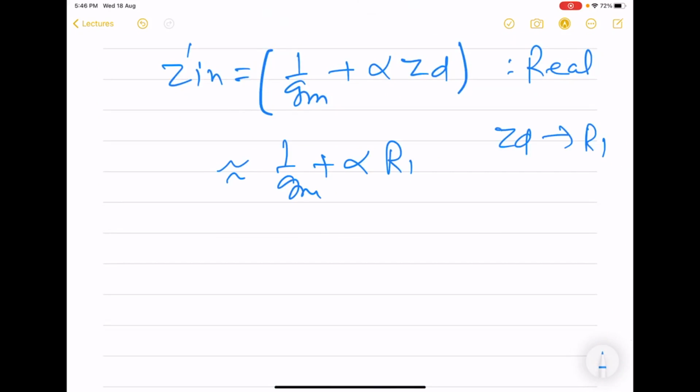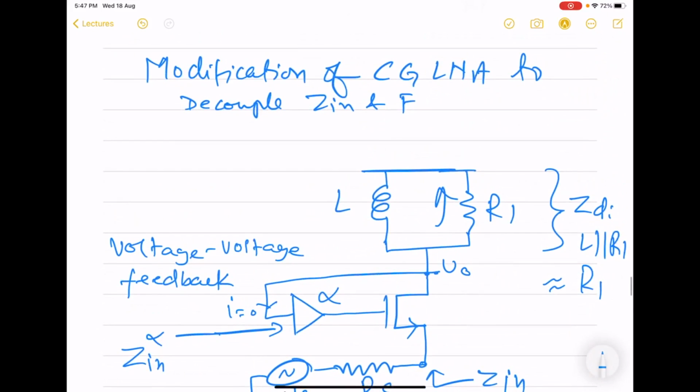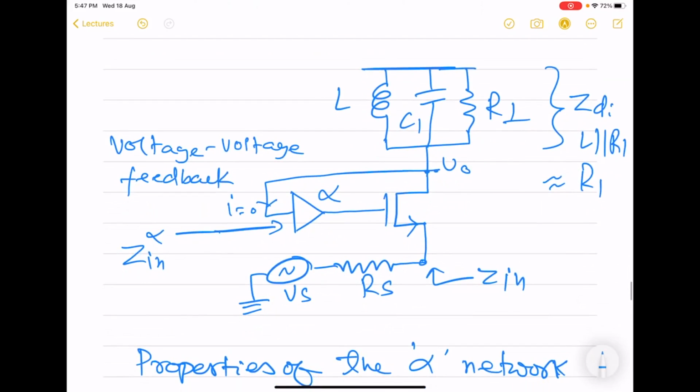This is one interpretation. The second interpretation is that one can always include a capacitor, which could be a combination of external and the parasitic capacitor of the inductor L. In that case, we can talk about a frequency where this L and C will cancel out each other, and what we will be left with is only R1. So that is also possible.